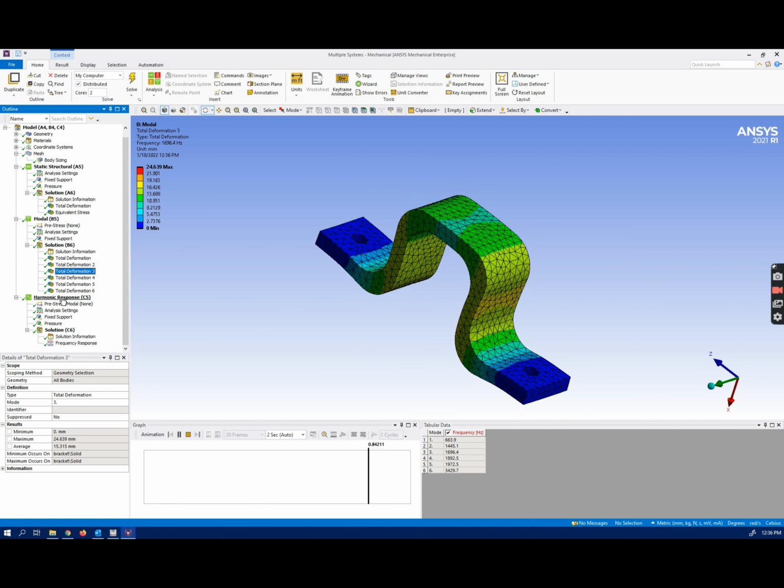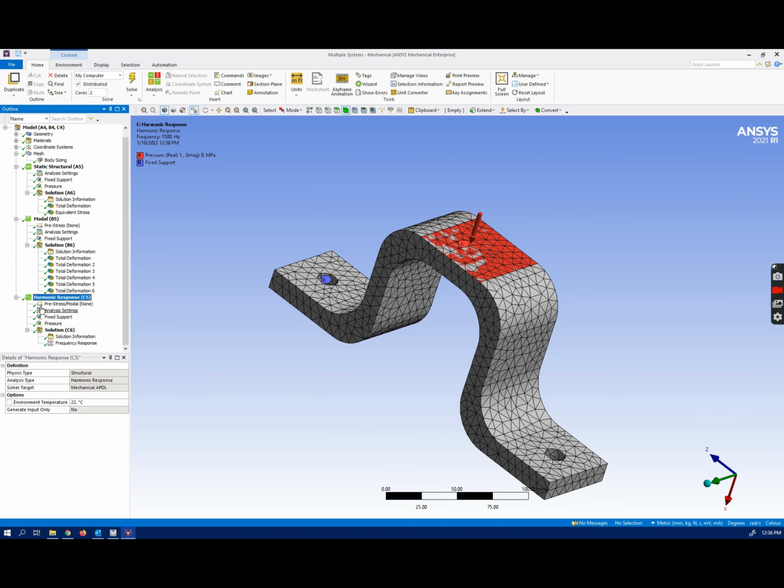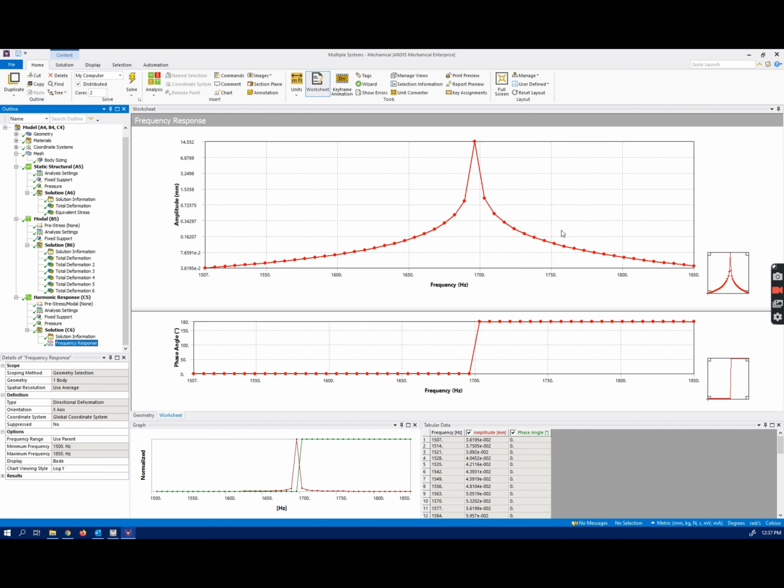Then we did harmonic response analysis. We included all the supports, fixed support, and load, and for the range of frequency we were interested in, we did the frequency analysis, and we found the exact frequency at which we are going to have the maximum deformation.